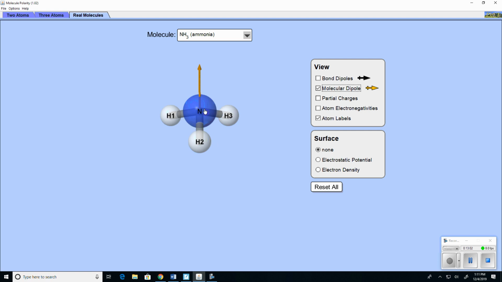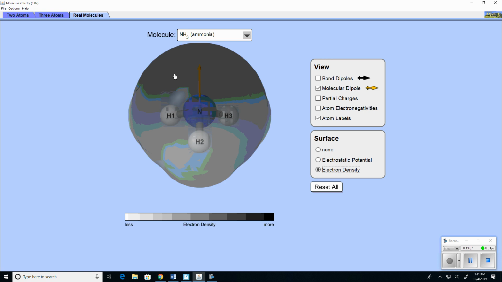It's in the direction of the nitrogen. Electron density? Definitely darker up here than down here. I mean, we could add partial charges if you want to. It's just that the partial charges start to give a unit called a debye, and that's beyond what we ever have to know. So that's why I don't like the partial charge label on there.